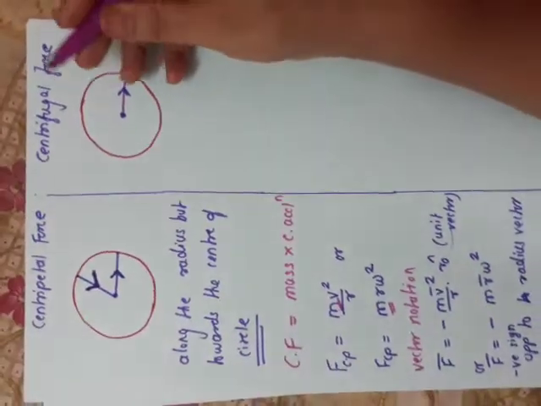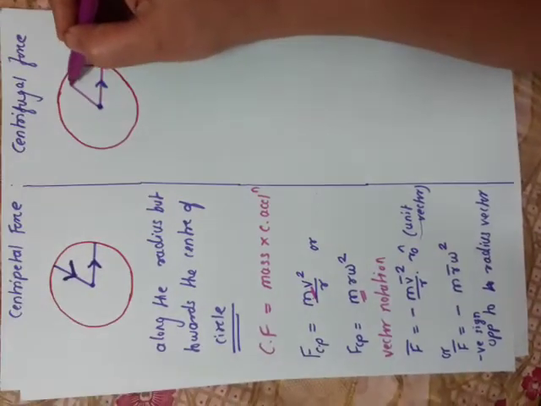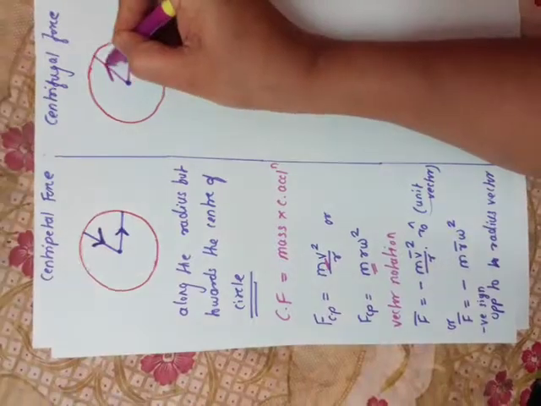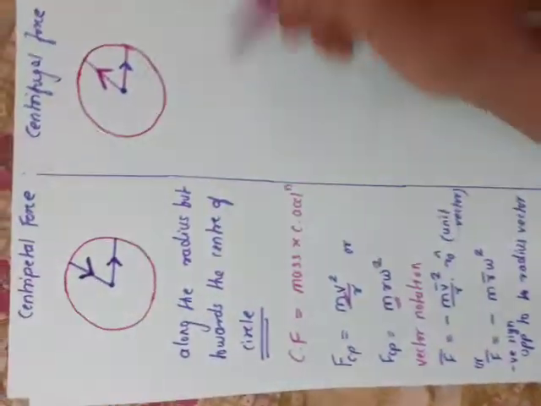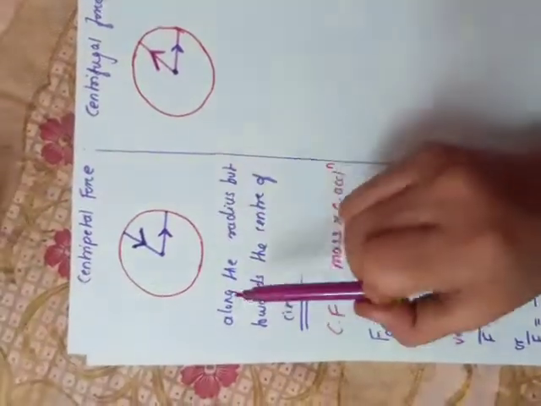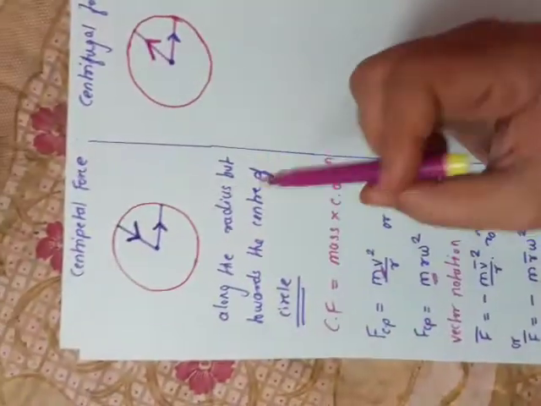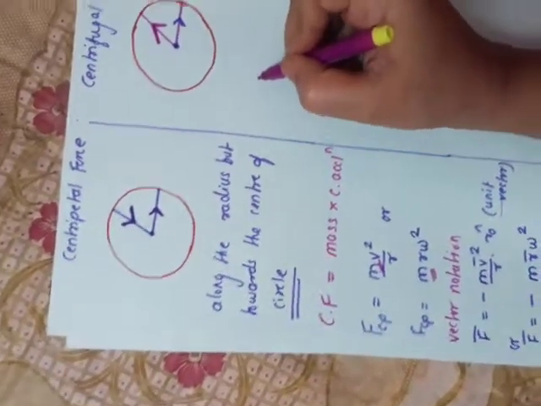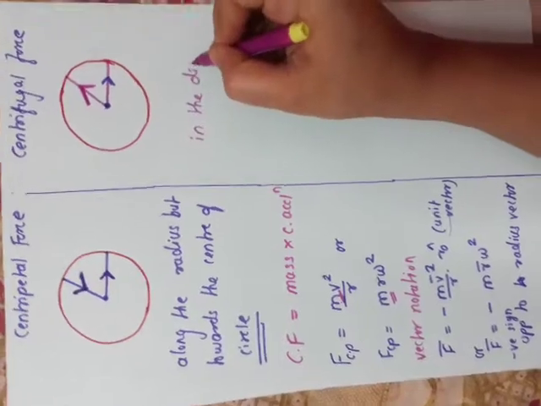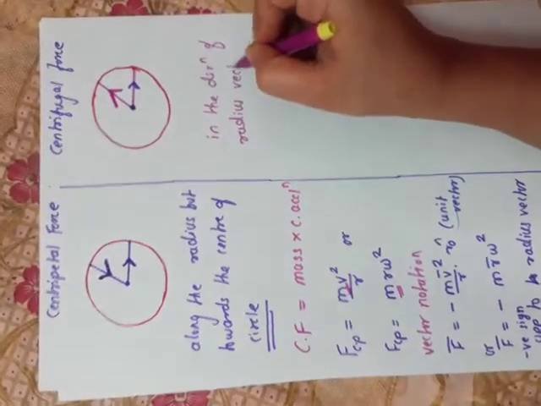The second force is centrifugal force. The diagram is the same, but the difference is only in the arrow. The definition of centrifugal force is the force which is directed along the radius, but instead of towards the center, in the direction of the radius vector.